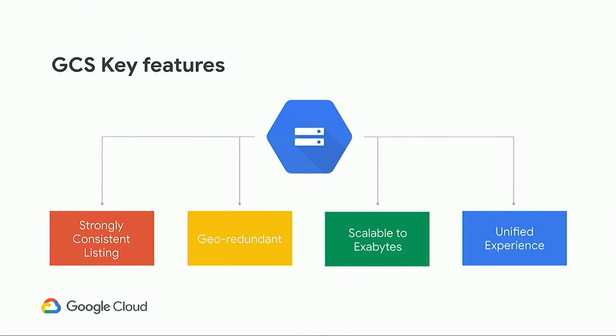GCS offers geo-redundancy within the system. As opposed to systems where you have to cobble together geo-redundancy at layers above the storage system by adding cross-regional replication, GCS offers that in just one package.